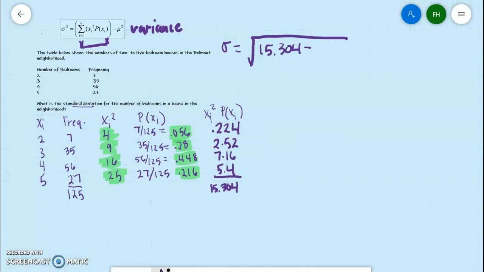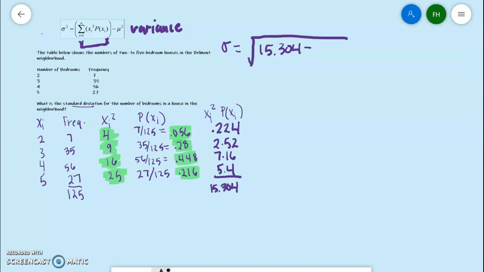But just to review here, all the mean is the sum of your probabilities times xi.